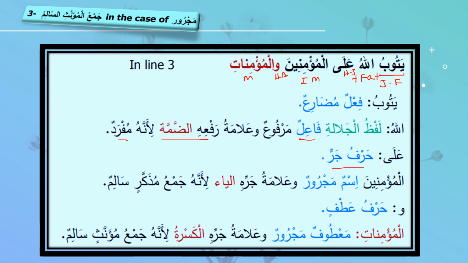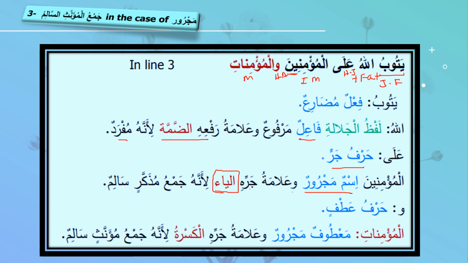Ala is harf jar, so after harf jar, as you know, the noun will fall under ism majroor position. And now when it's in ism majroor position, what kind of plural is this? It is jama muzakkar. What is the sign? Ya wa noon. As you can see, ya wa noon. So alama jarrihi al ya. Don't forget to give the correct letter here. Alama jarrihi al ya. So this is how you're going to do the Arab.